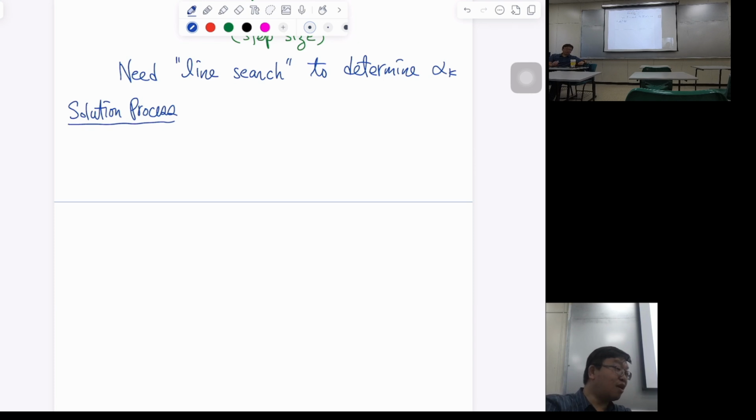Now the main procedure, similar to what we learned in the past. We will have an initial guess x^(0), with k equals 0. So the iteration number starts with k equals 0.